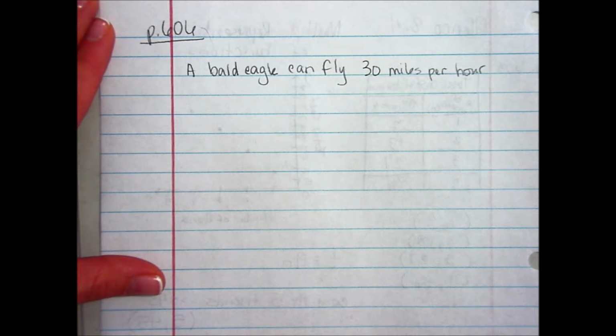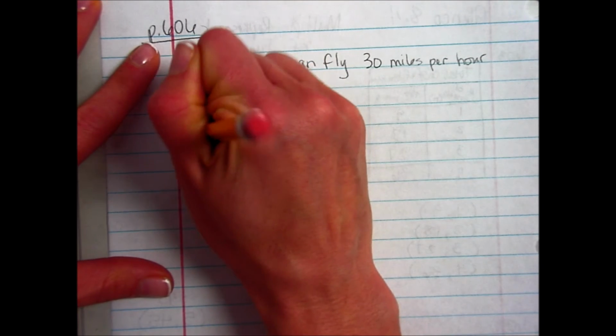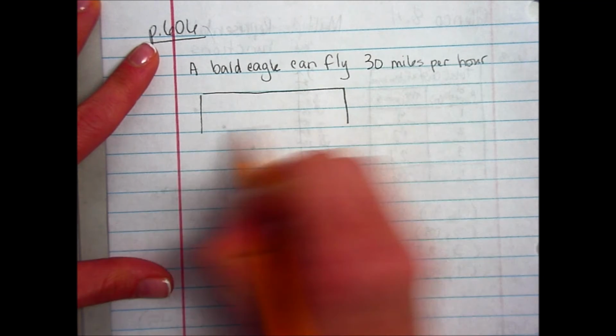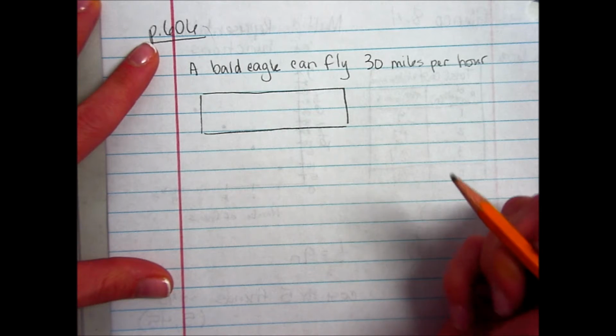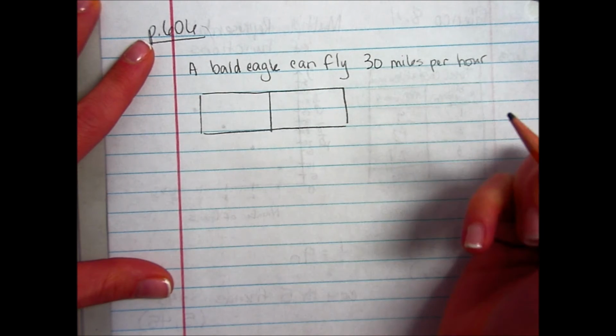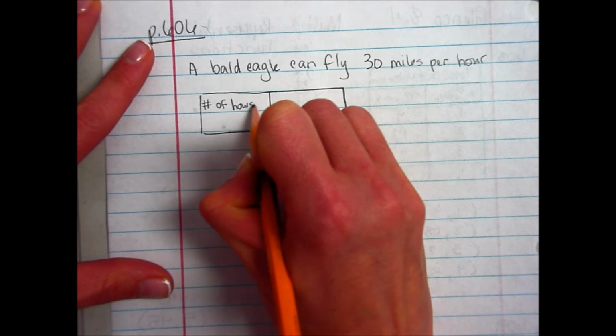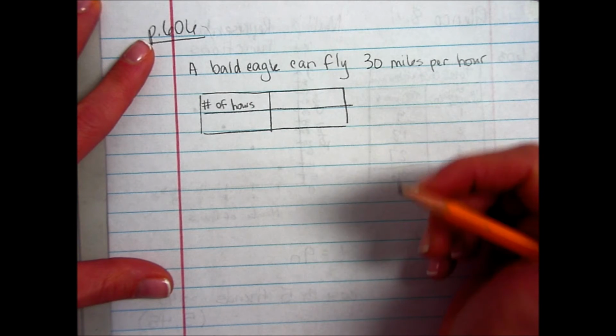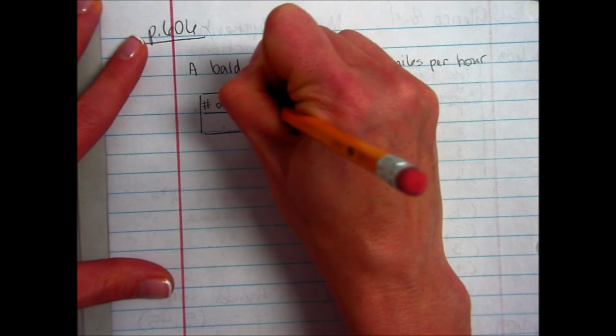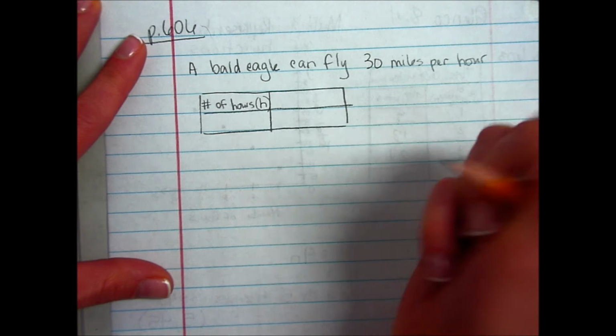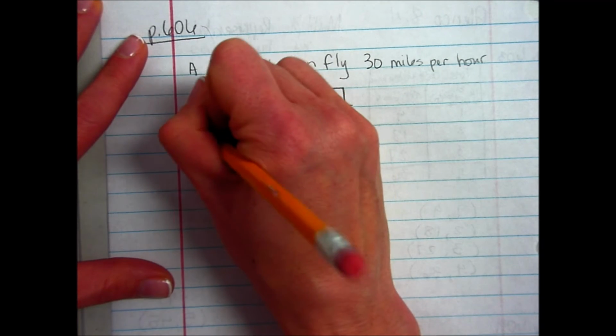So we'll need to write an equation and make a function table to show the relationship between the total distances, which will be D, that a bald eagle can travel in H hours. Okay? All right, it told us hours was going to be H, and distances in miles will be D.